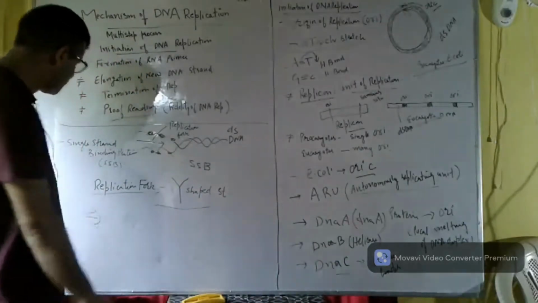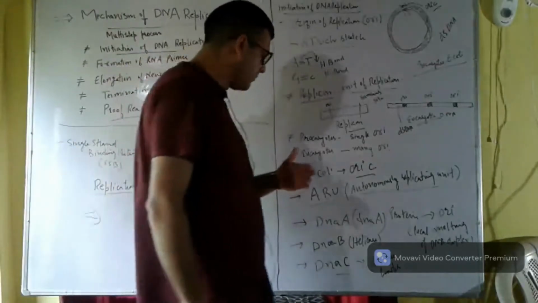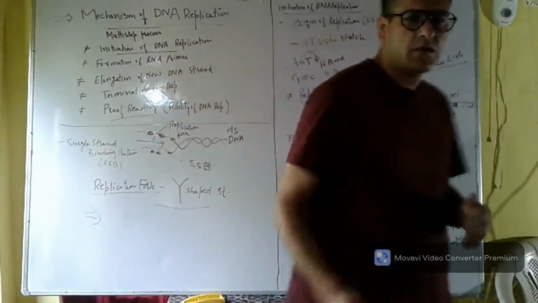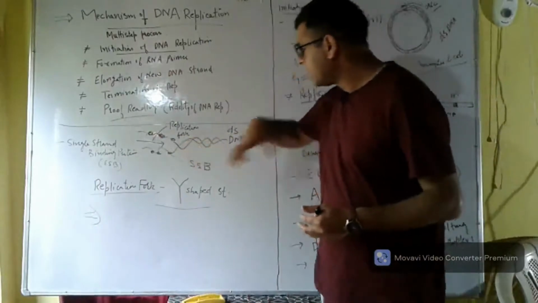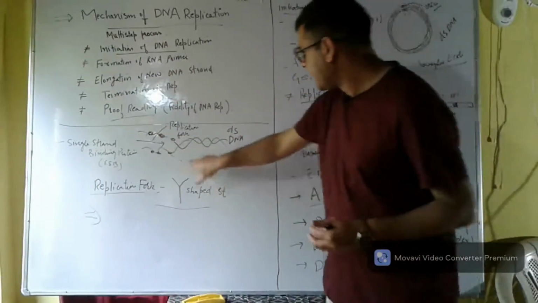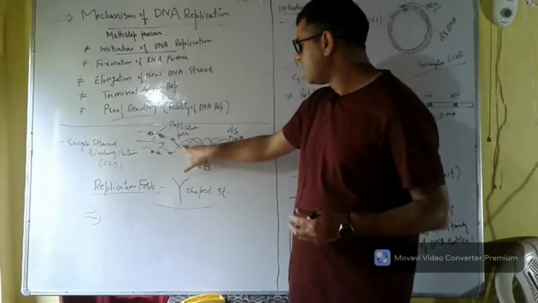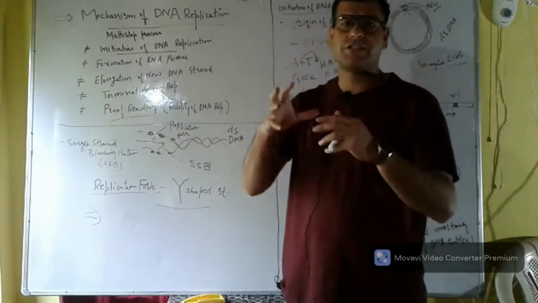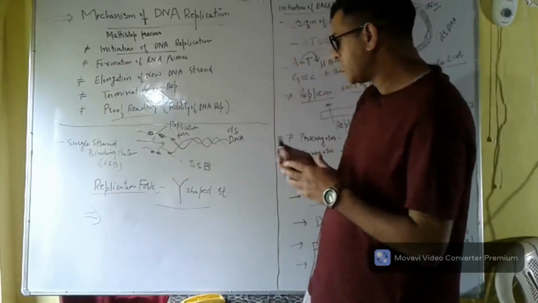Then, because of the formation of this replication fork, a coiling tension would be created, in the form of twists and knots.